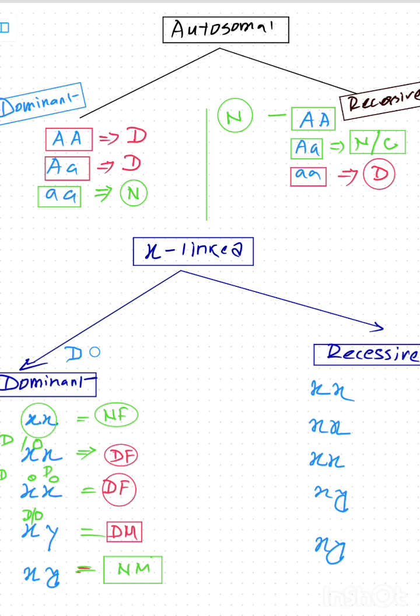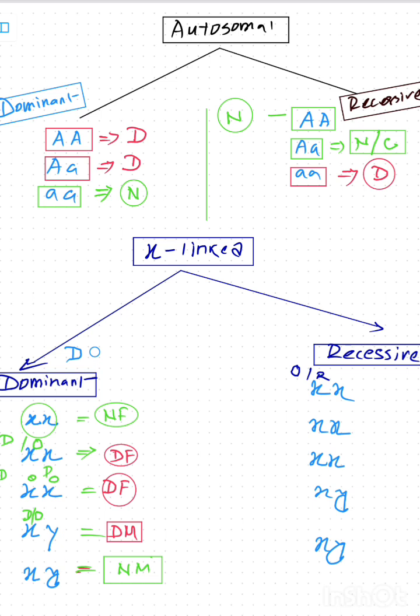In case of X-linked recessive, let me take another color. Suppose I use small r, it is not visible properly. Let's write small r. Or you can use a round, because this round will clear so many confusions.